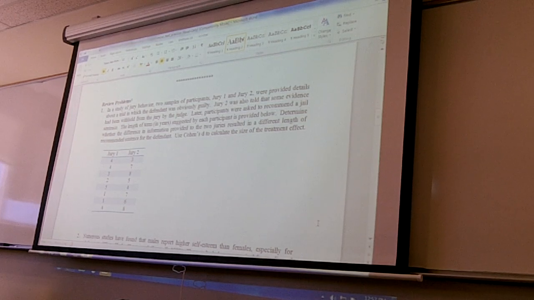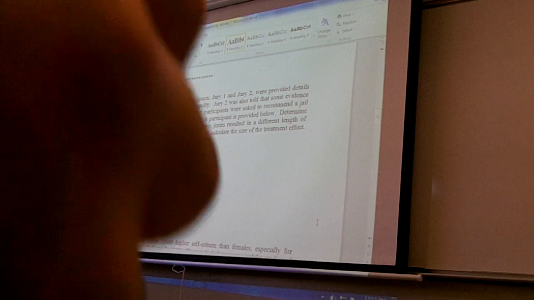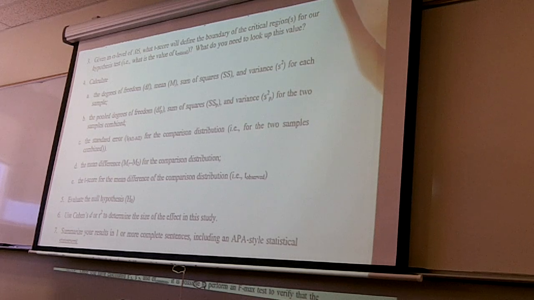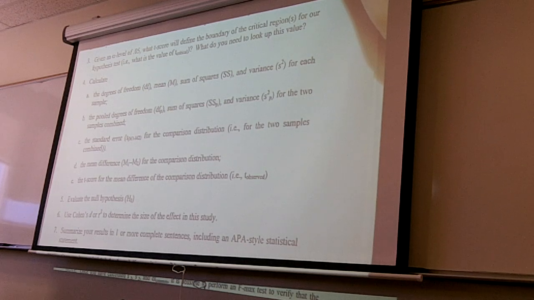So now you know you're doing the independent groups t-test. If you can't remember the order of things you need to do, grab your independent groups worksheet and go through the steps. Just crank through the steps. The TAs have the keys. You will not get them.